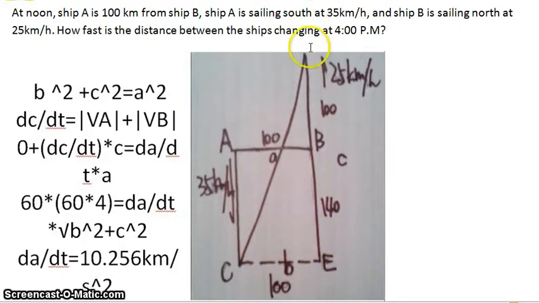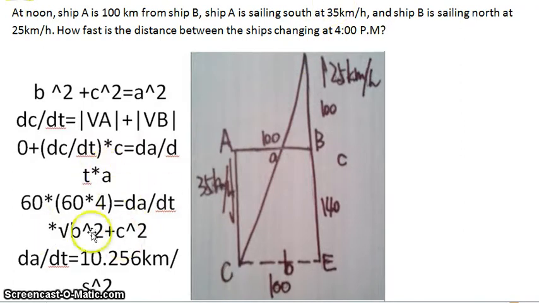Here is a triangle. We know CE and DE, so it's this square plus this square, and the square root of this, we can get CD.